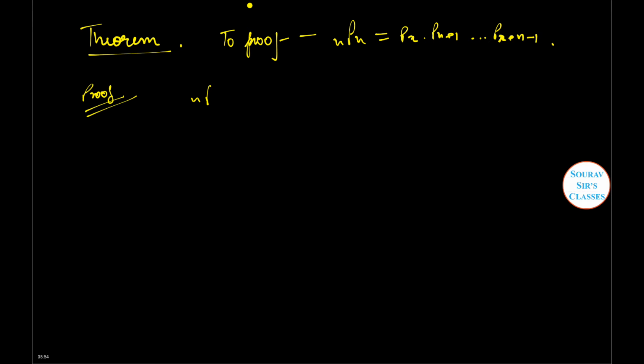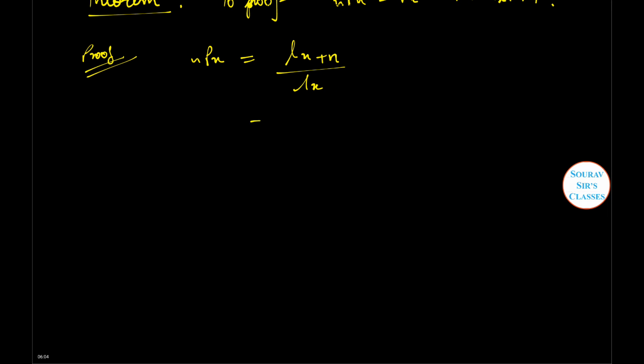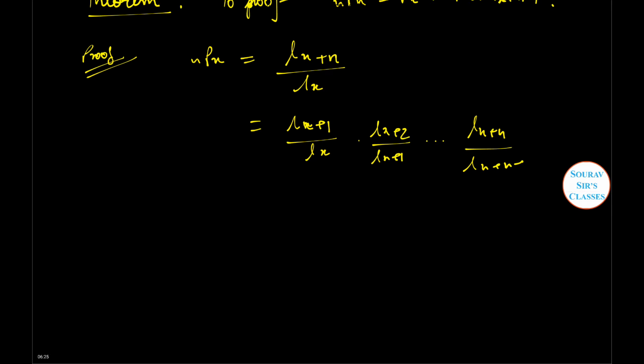By definition, we know that npx is equal to L of x plus n divided by Lx, which can be further written as Lx plus 1 divided by Lx into Lx plus 2 divided by Lx plus 1 till Lx plus n divided by Lx plus n minus 1, which is equal to px times px plus 1 times till px plus n minus 1.